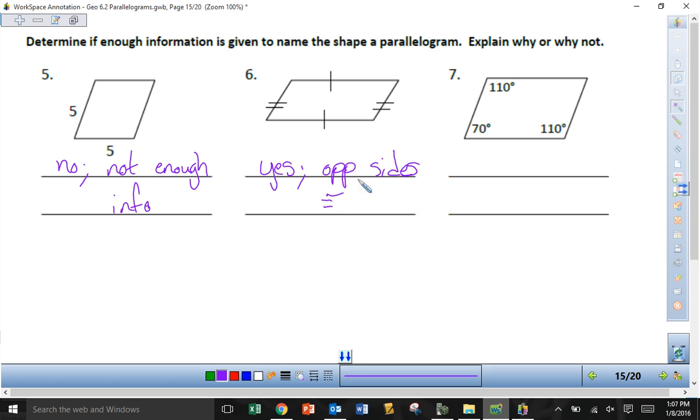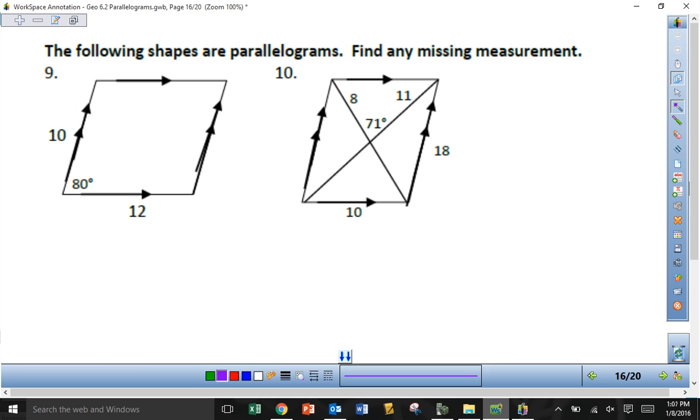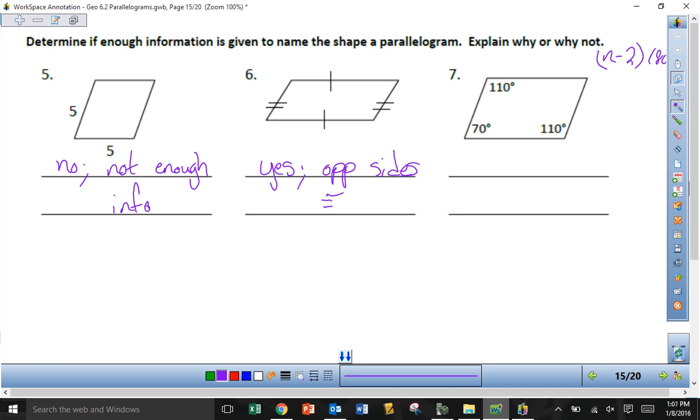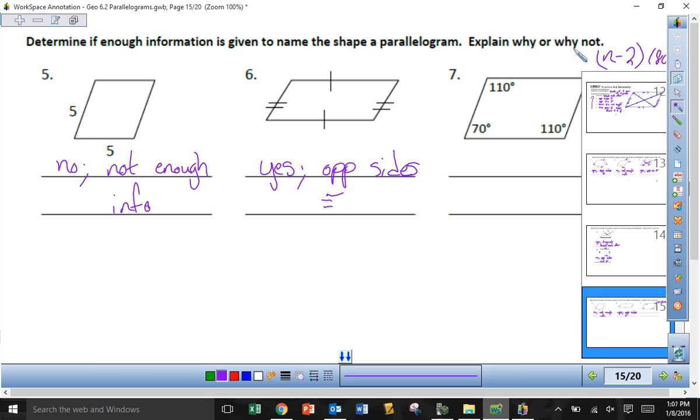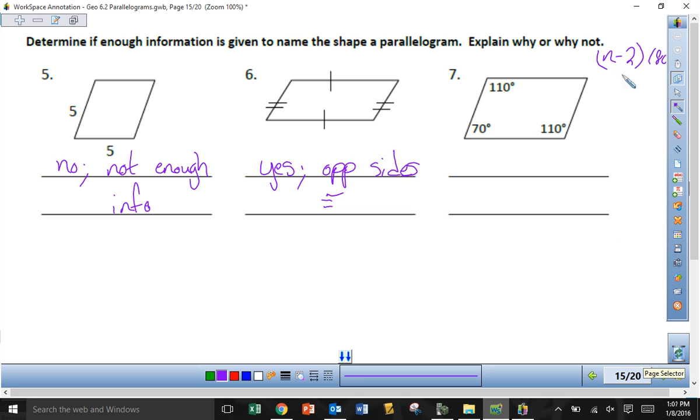And lastly, number 7 here was a little bit tricky. You might assume to begin with that this might be not enough information, but we know something from last time about quadrilaterals in particular. The sum of the interior angles in a quadrilateral is going to add up to 360 degrees. And that's because we've got 4 sides, so 2 times 180 is 360 degrees.